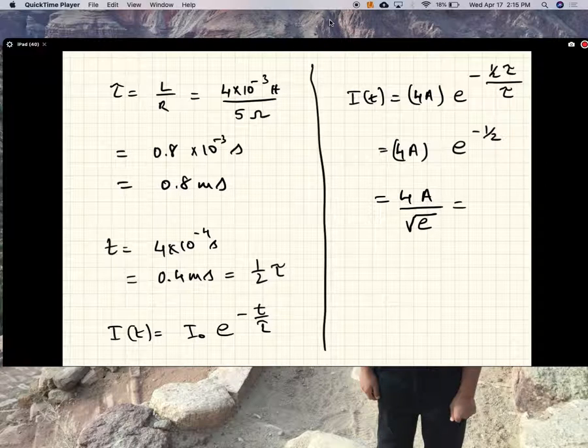The language in these things is time constant, and so you'll do exponentials in radioactive decay, in RL circuits and all that kind of stuff. So this is equal to 2.43 amps.